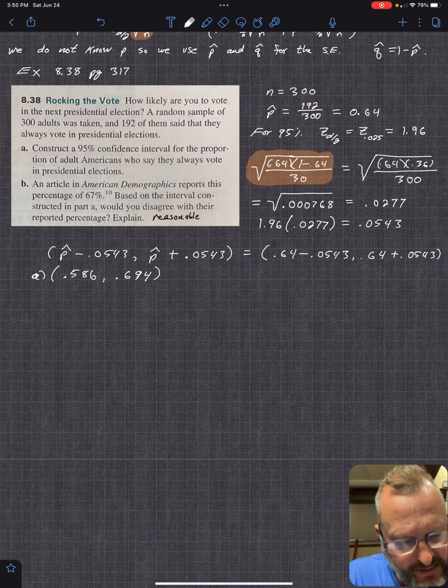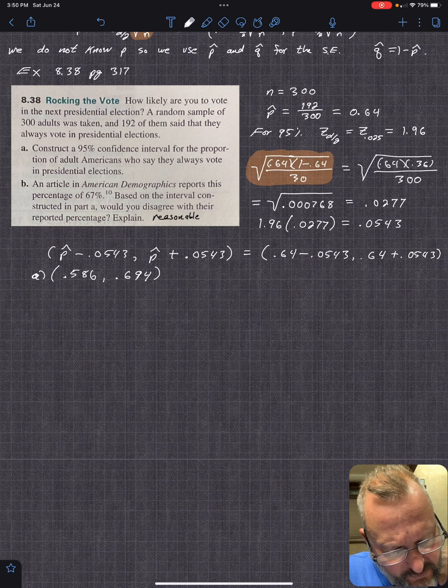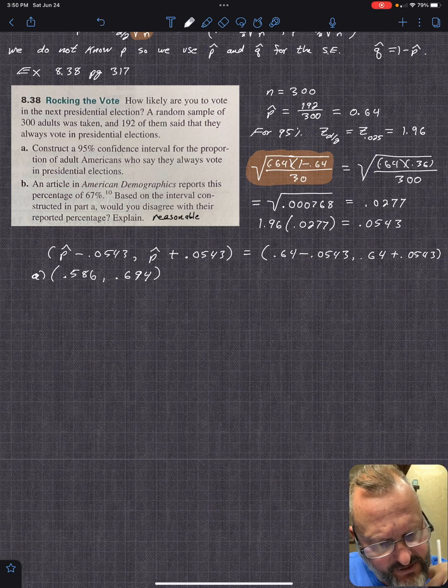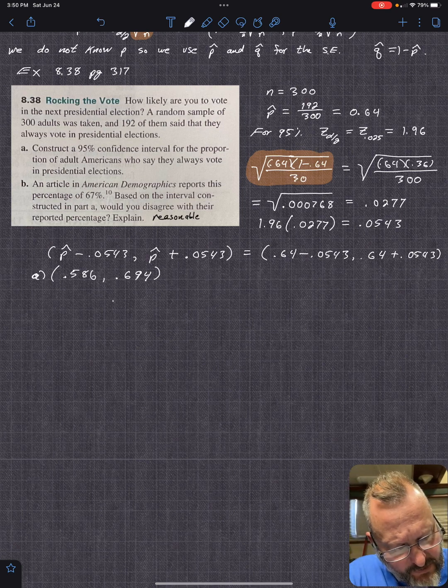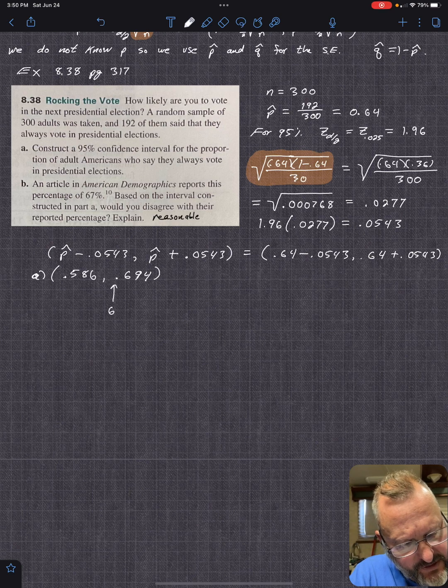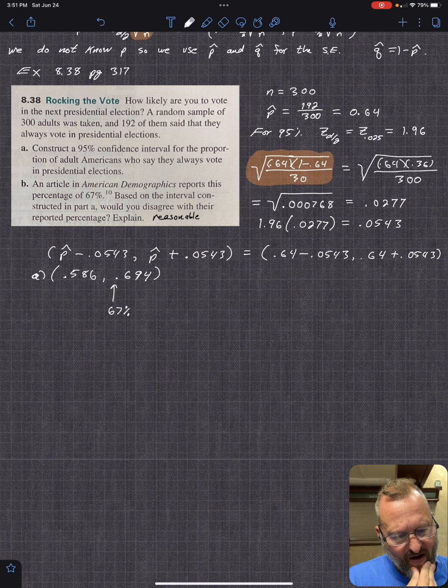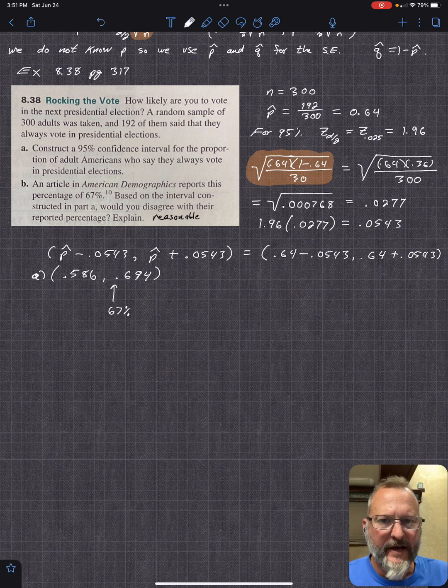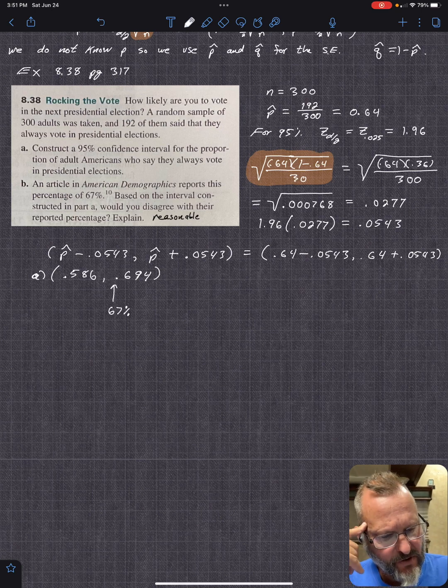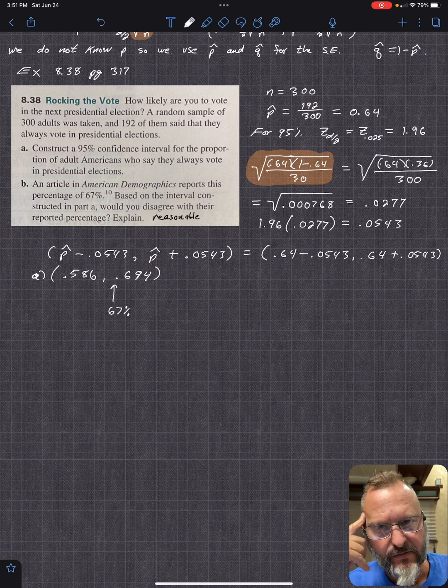B is here. An article in American Demographics reports a percentage of 67% would vote. So 67% is inside that interval. Would you disagree with their reported percentage? Explain. I would say no, because you are 95% confident that 64% will vote.